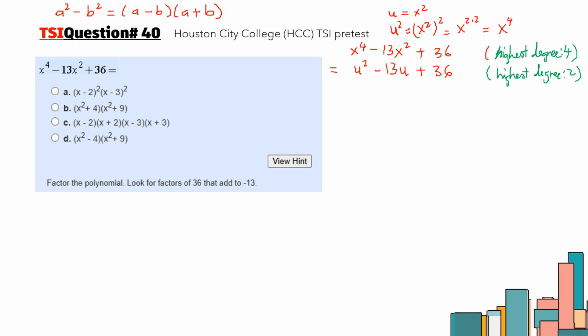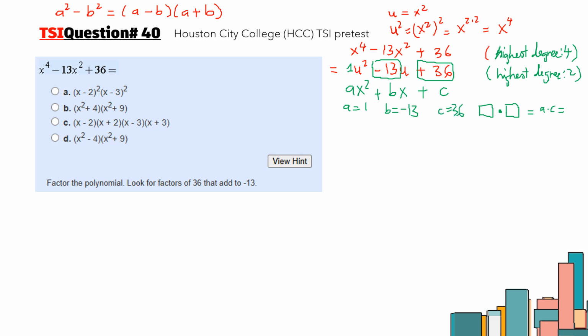Remember, we have ax squared plus bx plus c, that is how a quadratic looks, and the AC method is finding two numbers that multiply to a times c. In this case, u has nothing in front, meaning 1, so a is equal to 1, b is equal to negative 13, and c is 36.